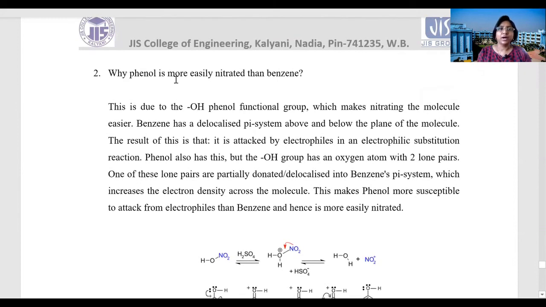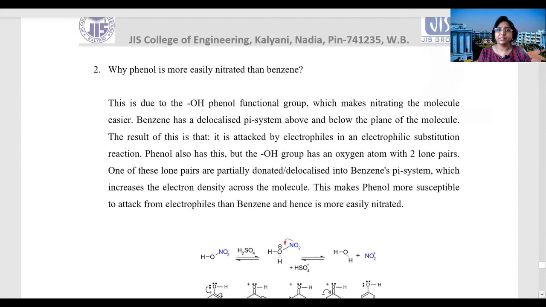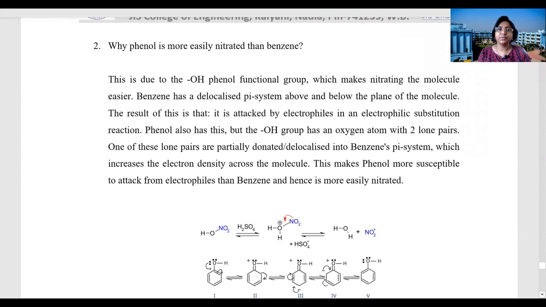Why is phenol more easily nitrated than benzene? So what is the difference between phenol and benzene? In phenol there is the OH functional group, which makes nitrating the molecule easier. Benzene has a delocalized pi system above and below the plane of the molecule.